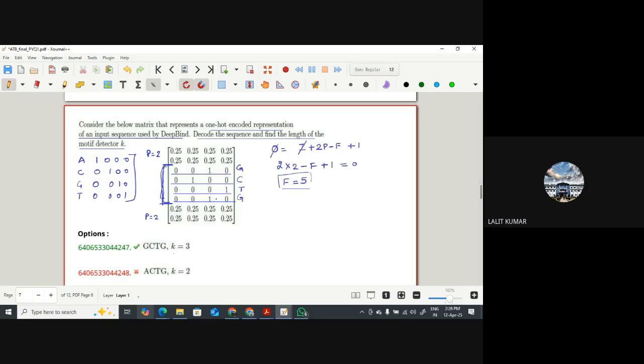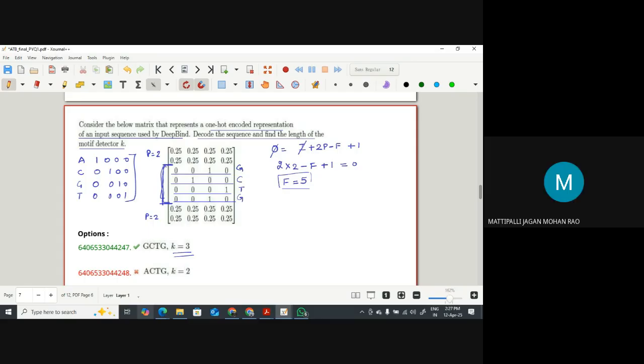In the question they have given 3. Can anybody throw some light on how it is 3? One person mentioned that the length of the motif detector is equal to padding plus 1. Sir, actually, the formula for adding padding, this output equal to input, will never yield a satisfactory result.